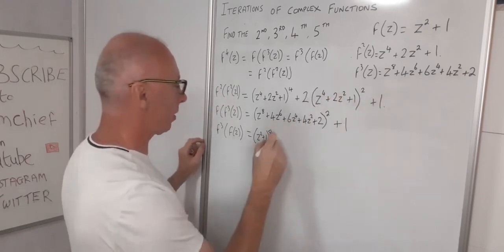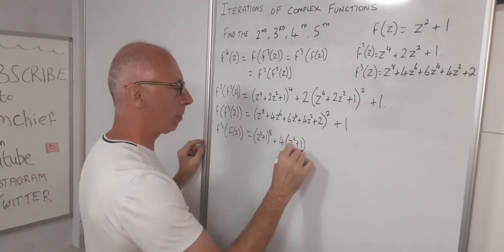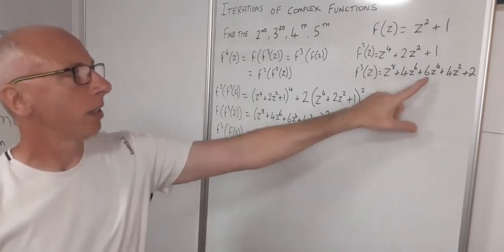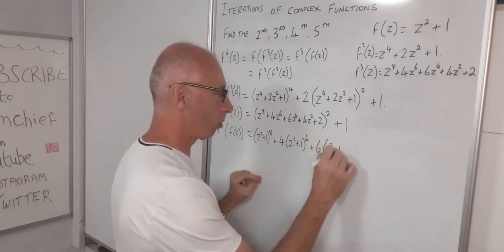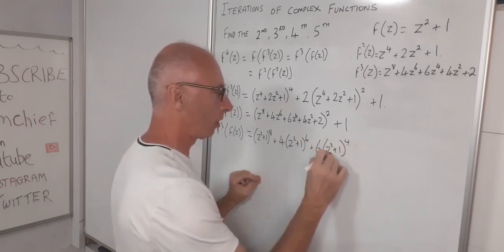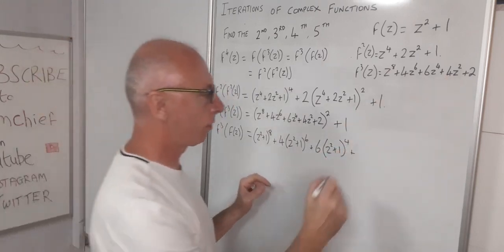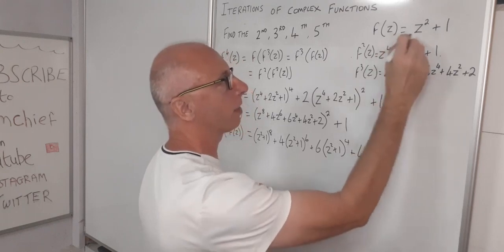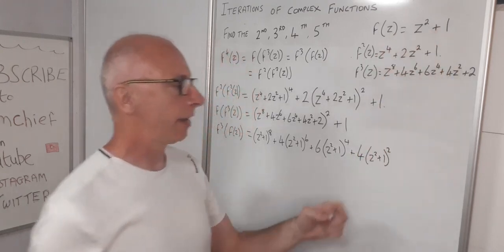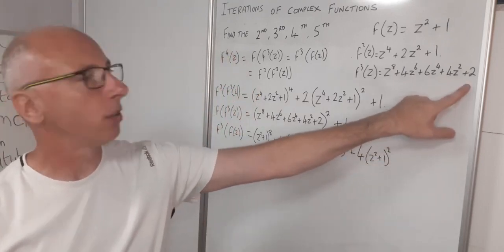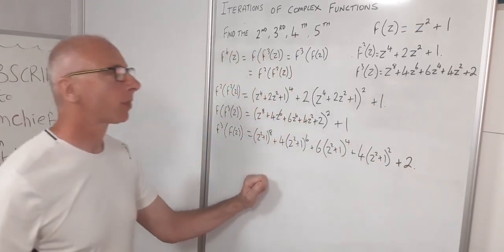And then 4z to the 6, 4 times z squared plus 1 to the power of 6. 6z to the 4, 6 times z squared plus 1 to the power of 4. 4z squared, so now I'm going to use the coefficient 4 and z squared plus 1 squared. And then all I need to do now is just add 2.